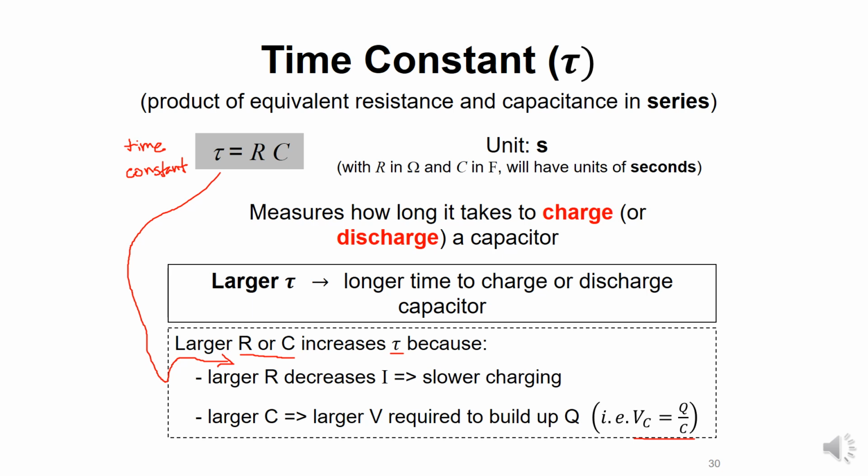You have to have enough charge in the capacitor before the capacitor voltage can match the battery voltage. So to build up voltage in the capacitor, you have to build up more and more charge if you have a bigger capacitor, right? So in other words, a bigger capacitor will take longer to charge up, so it will have a longer time constant. Okay, so that's how you relate the concept of a time constant with the effects of a resistor and a capacitor in a regular circuit.